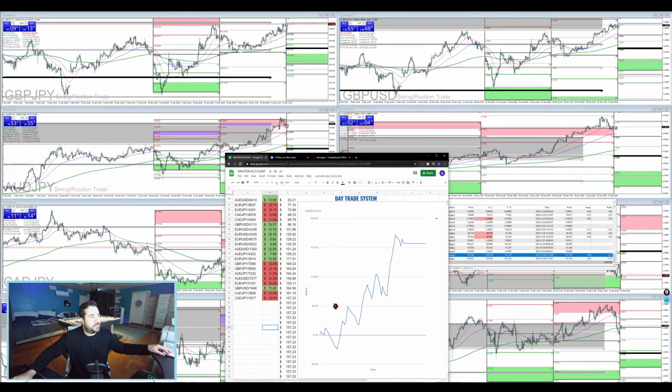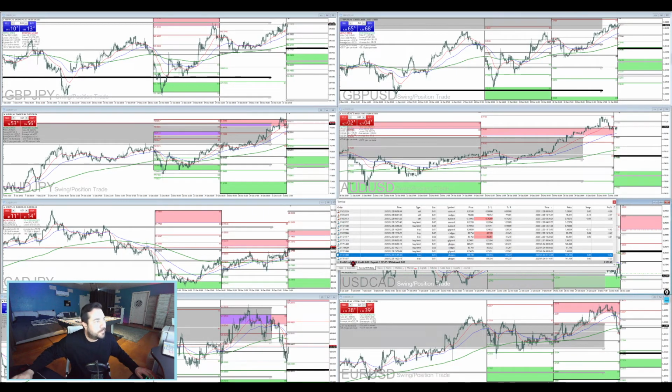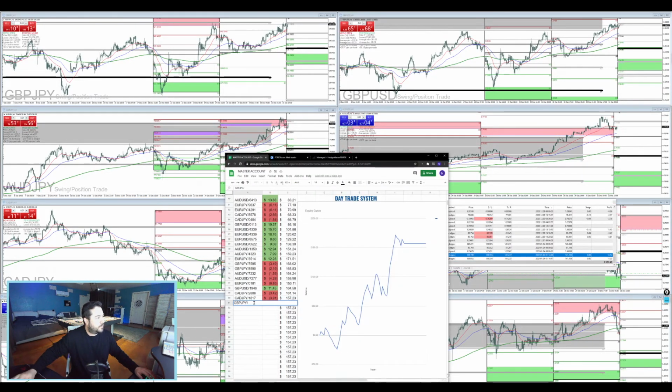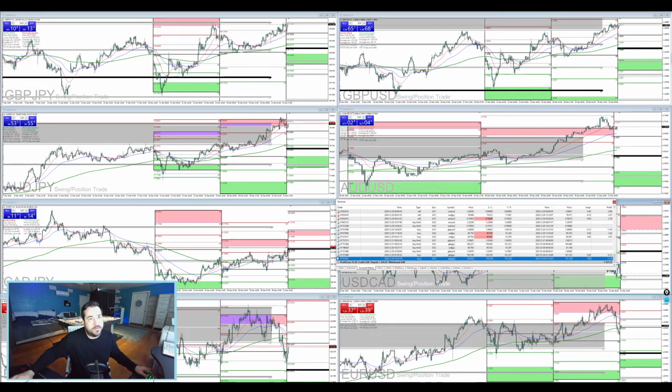Let's pull up my day trades. Oh, what's going on here? So the first one is order number 1868. Okay, and then the other one is order number 1937.